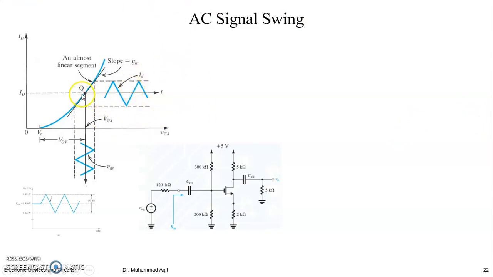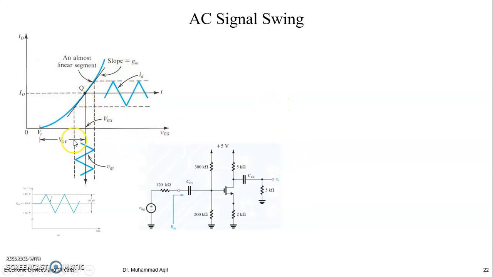So for small signals, this variation, this movement of the DC Q point, will be linear. Otherwise, this curve is non-linear. For a large signal, you will not get a linear amplification.